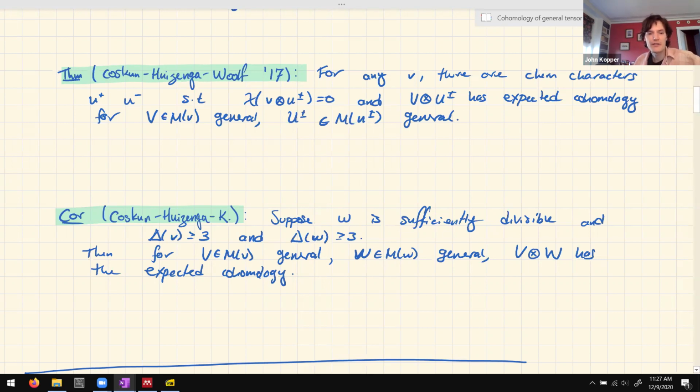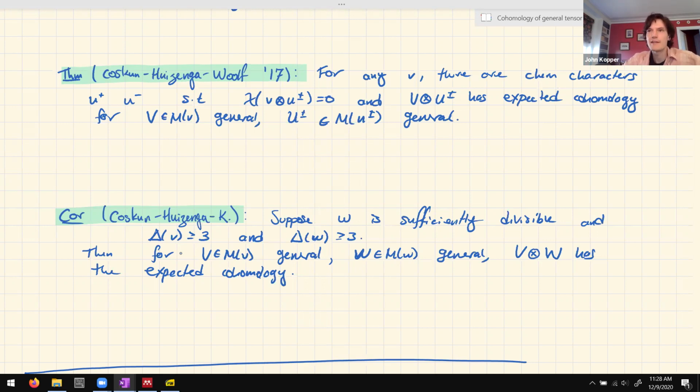What I want you to imagine here is that essentially for large discriminants, we have expected cohomology of tensor products. The only way that this can fail to happen is in very specific situations. The full theorem I'll state in a minute describes those situations, but it just doesn't happen that often. So that's the main takeaway I want you to have.